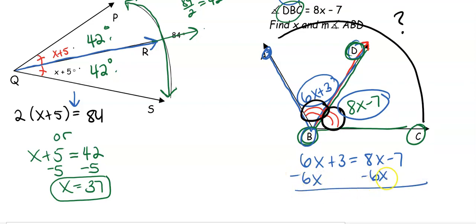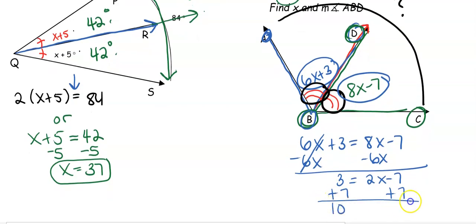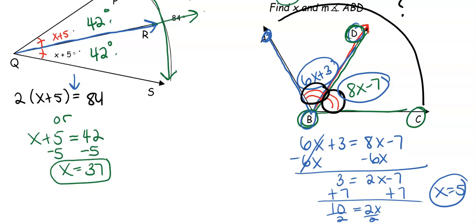So I'm going to move the smaller x over, which gives us 2x. Then I move that number over. 10 equals 2x. We divide by 2, and we get x equals 5. So that was part of it. Part 1 said, hey, solve for x. The next one is solve for angle ABD.